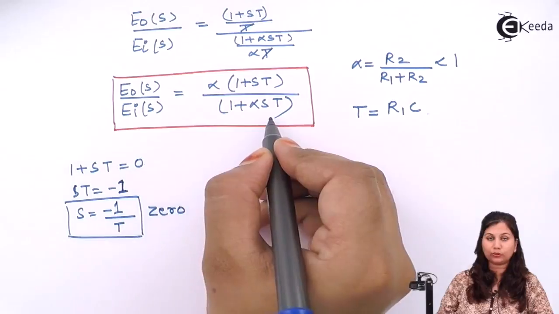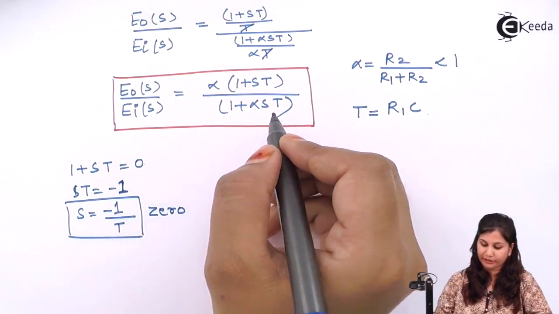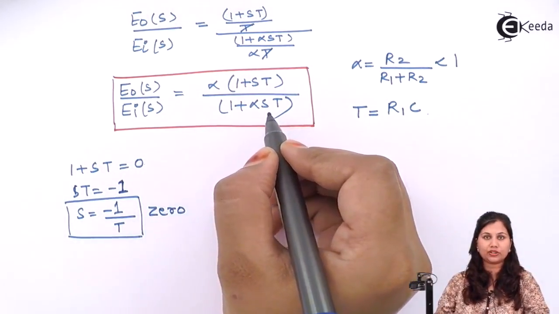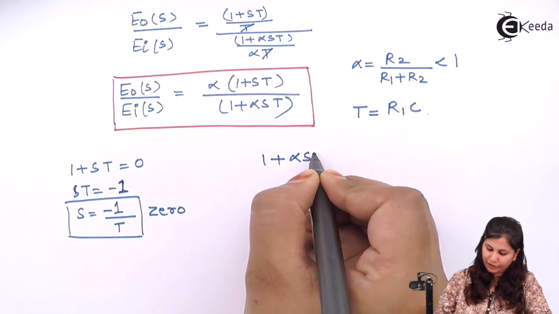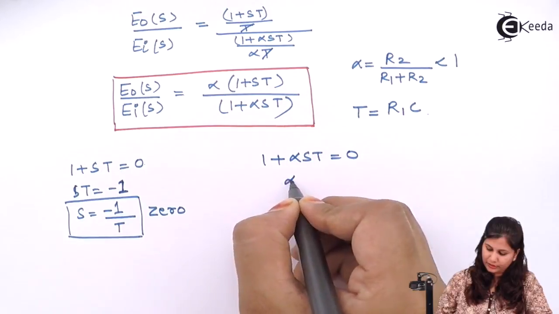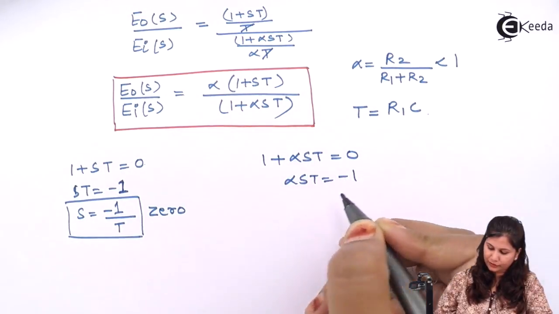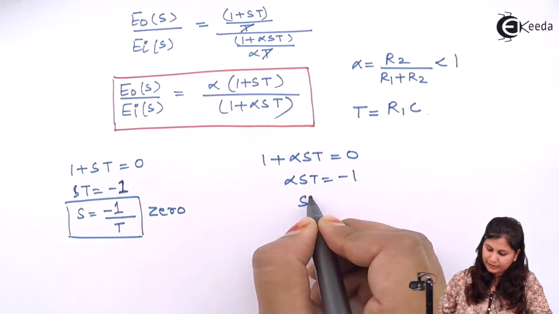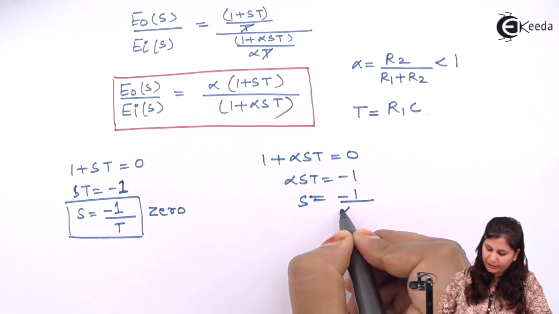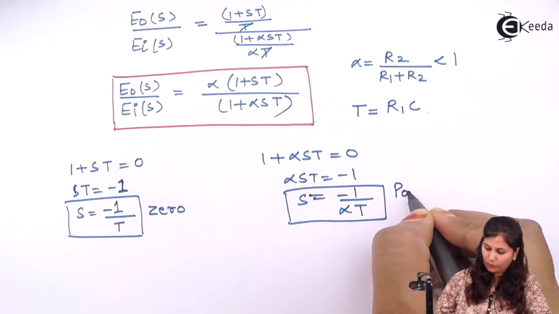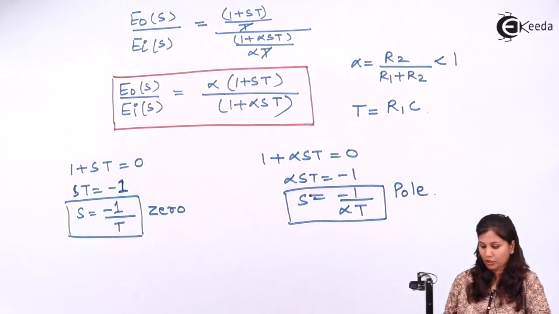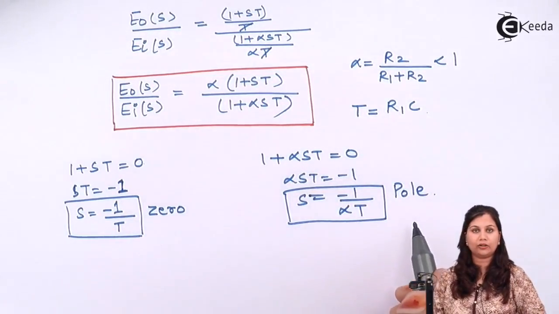And to determine the pole, we equate the denominator polynomial to 0. So 1 plus alpha ST equals 0, alpha ST equals minus 1, S equals minus 1 upon alpha T. So this is the pole of the system. So we have one zero and one pole.